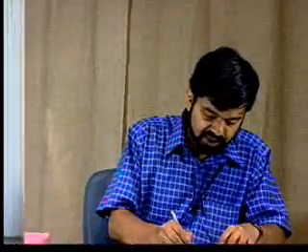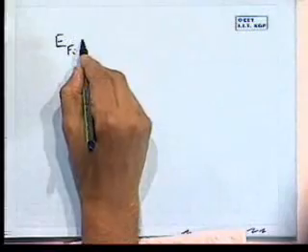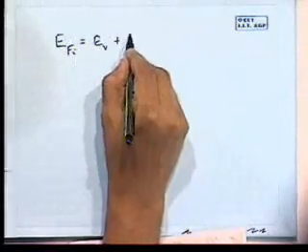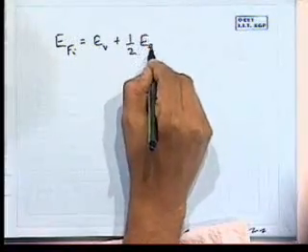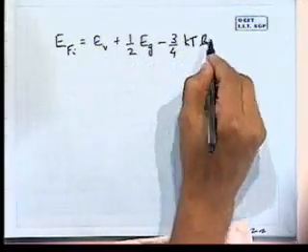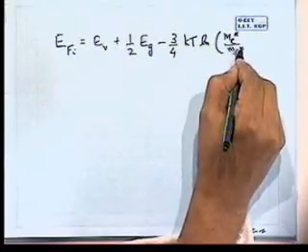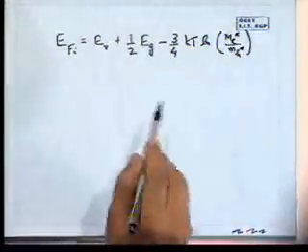Just to illustrate the point, we've got the equation for the Fermi level in the intrinsic case: EFI is equal to EV plus half EG minus 3 by 4 kT, the natural log of ME star by MH star. This was the equation that we had trouble with.